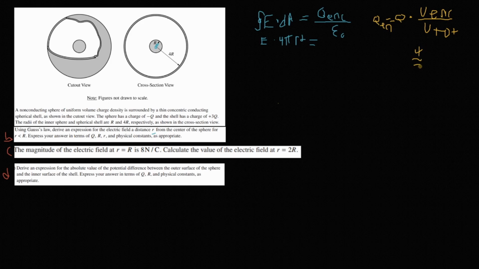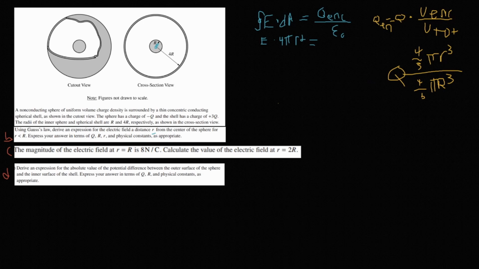So 4/3 pi little r cubed, and I'm pretty sure that's on the formula sheet. And then 4/3 pi big R cubed is the total volume of this sphere.